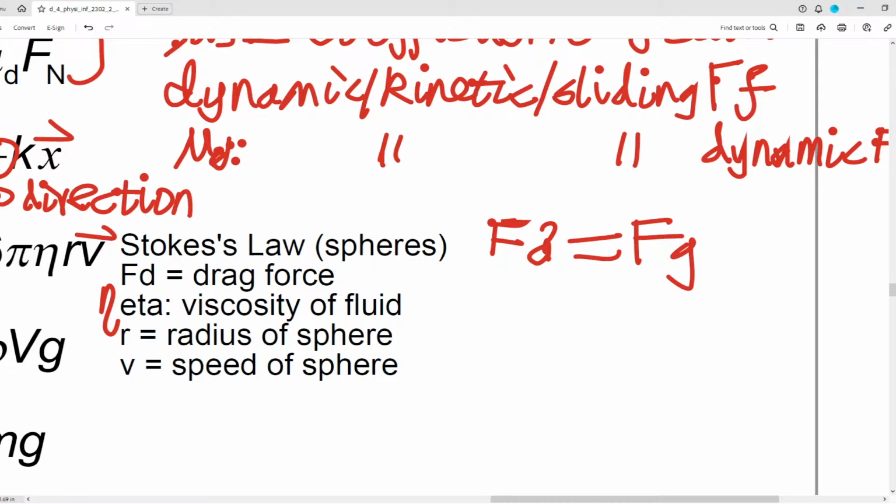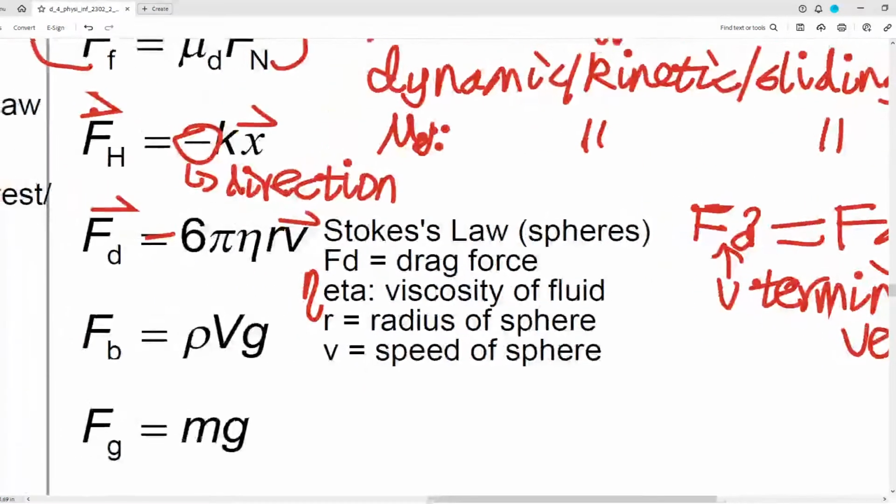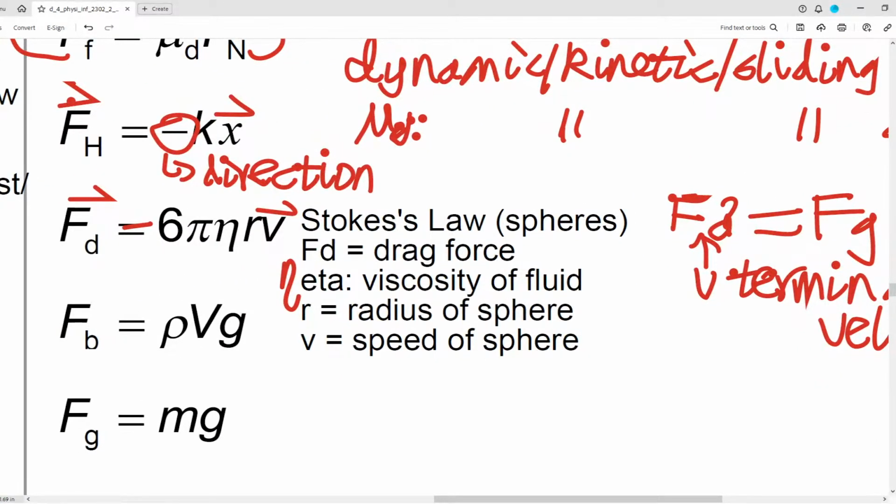You stop accelerating, and the velocity when this happens is called terminal velocity. So that is Stokes' law.